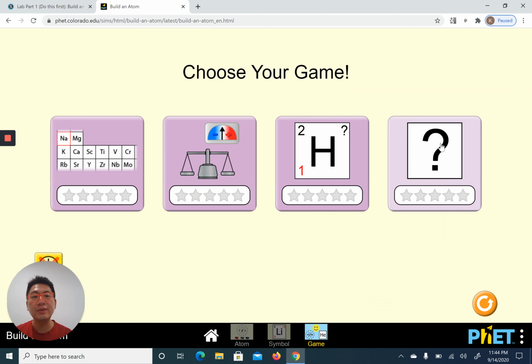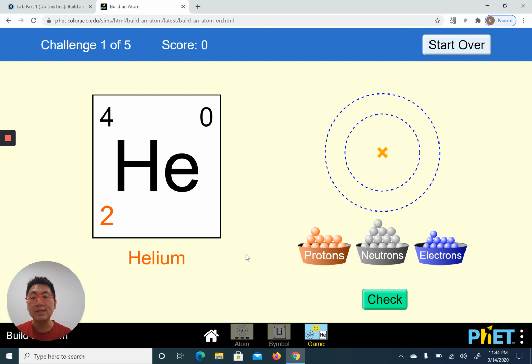Now let's do 3 of these kind of mystery or random ones. Okay, so I'm trying to build this thing. Red ones are protons, these white ones are neutrons, and these are electrons. So, how many protons should I have? I should have 2, because that bottom number is 2.